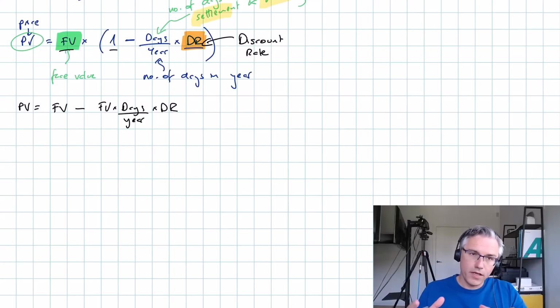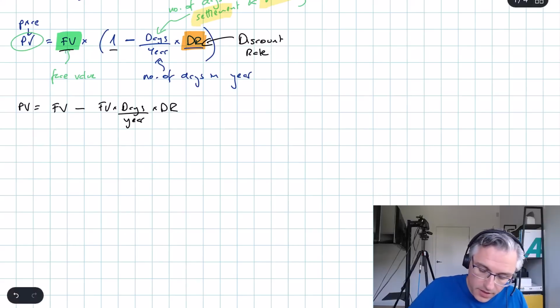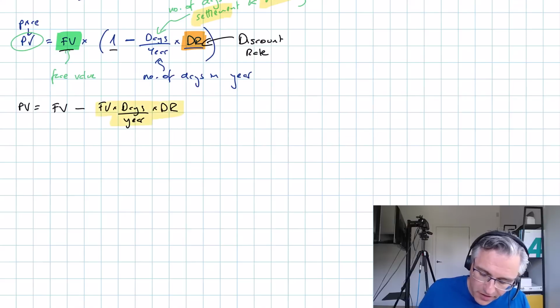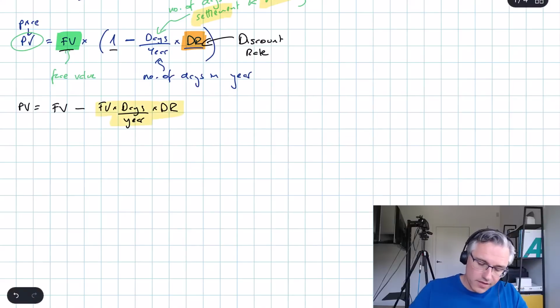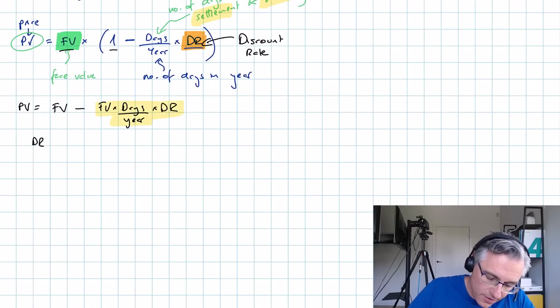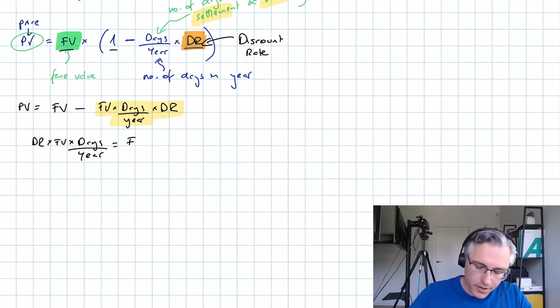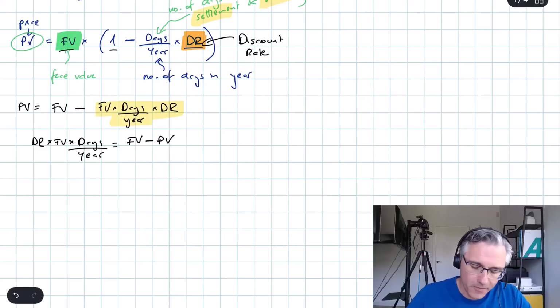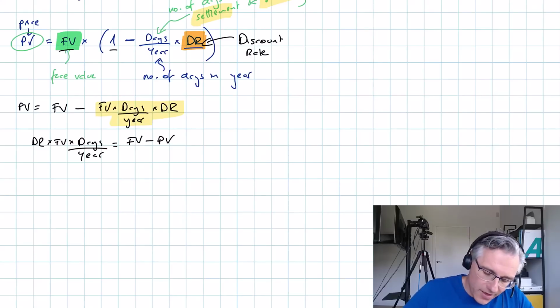So if I bring the term that includes the DR over to the other side, I can say that DR times FV times days over year equals, I've left FV on the right hand side, FV minus PV. Hopefully that's still okay. And from this, it's a relatively short way now.